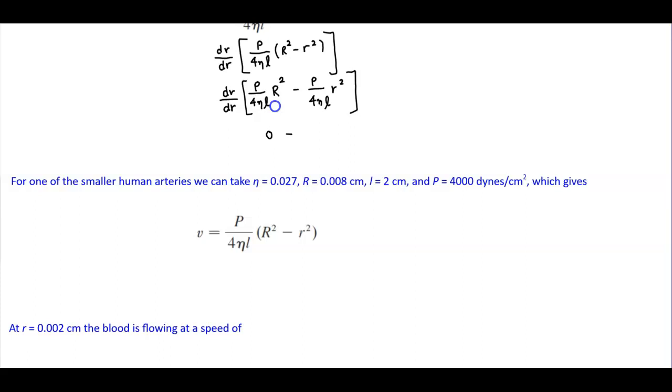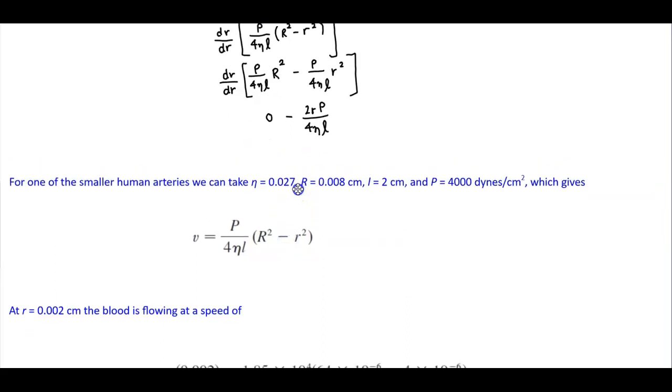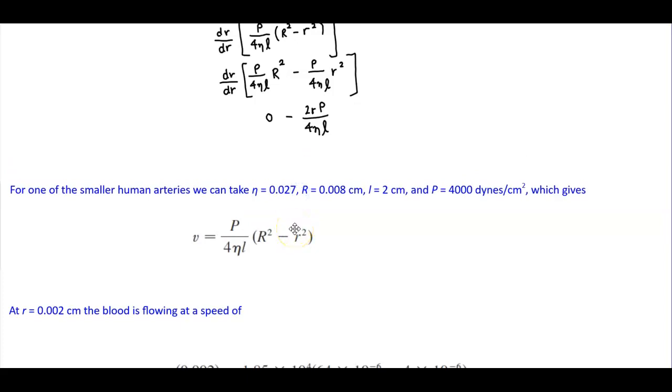Minus, if we take the derivative of r squared, that gives us 2r times P over 4 eta L. If we simplify this a little further, we get negative P r over 2 eta L. So there is the derivative of our function.